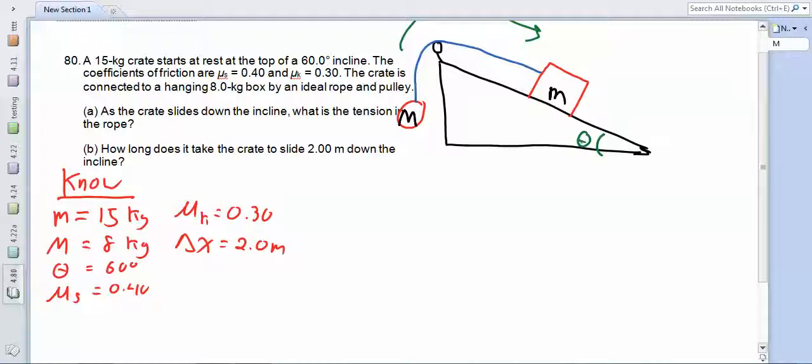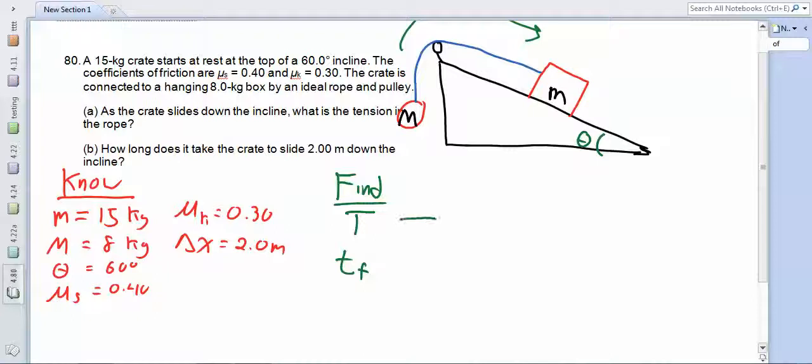In this problem we are asked to find two different things. The first is the tension in the string that connects the two objects together, and the second is the time that it takes for the sliding block to move a certain distance down the incline.